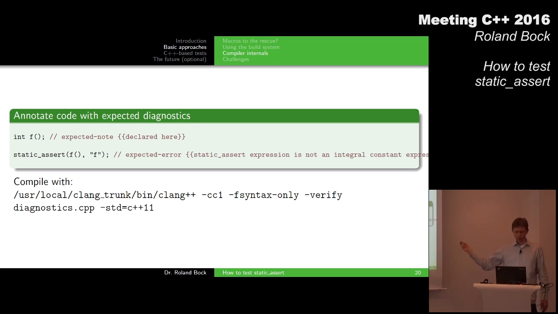Then you compile it with these weird flags, and if all the comments align with the diagnostic messages of the compiler, everything is fine from the perspective of this command. So if this compiles without errors, then it's good. Fine.